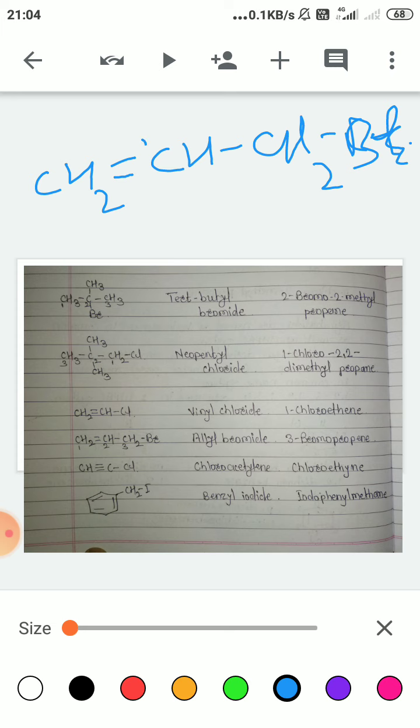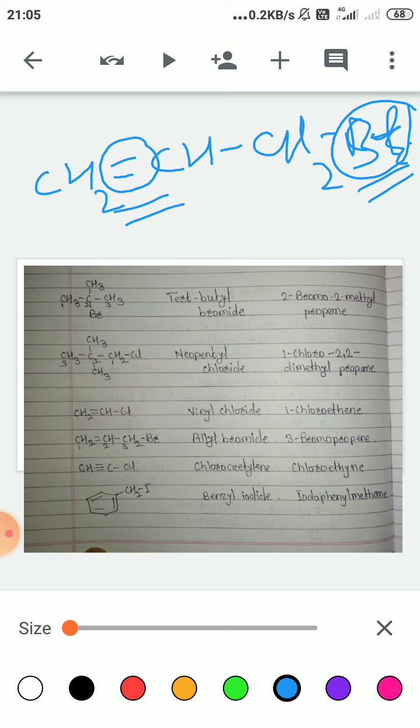The first one is alkene, and as it contains 3 carbon atoms, it is propene. The second functional group is the halogen atom. Last year we saw that we have to end the IUPAC name with the priority functional group, and the priority goes to alkene.